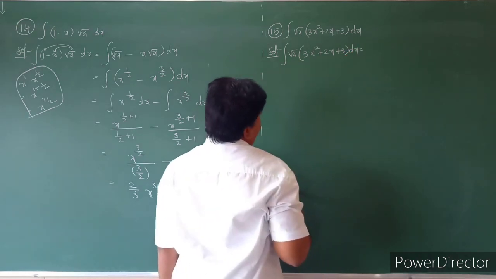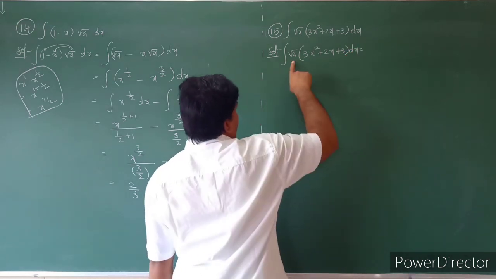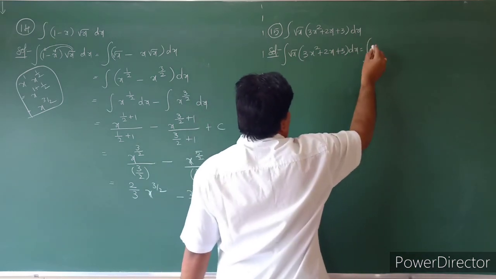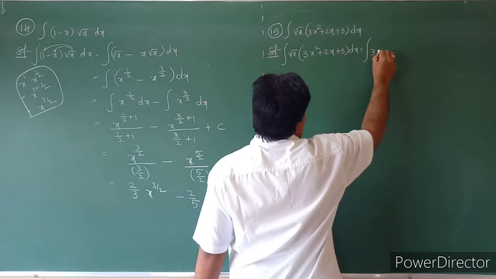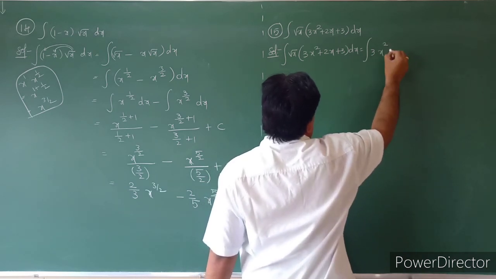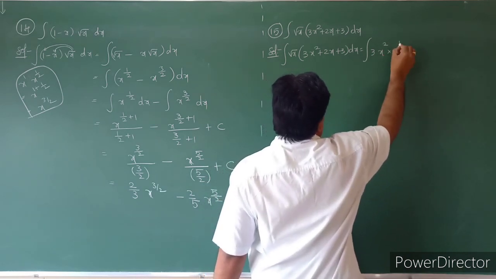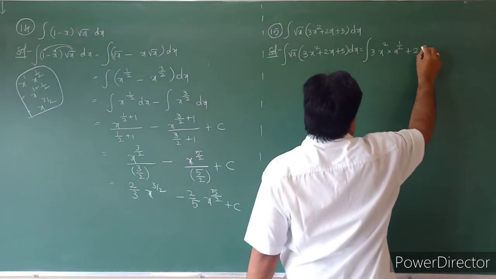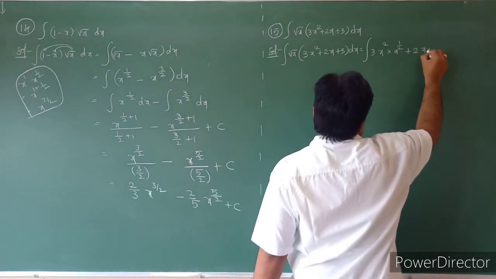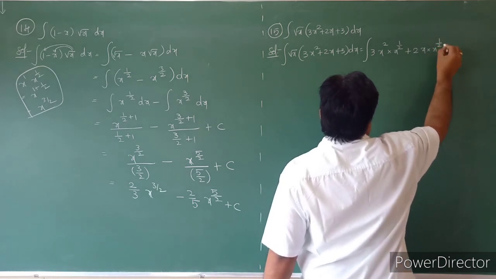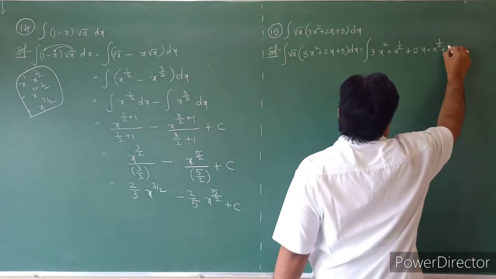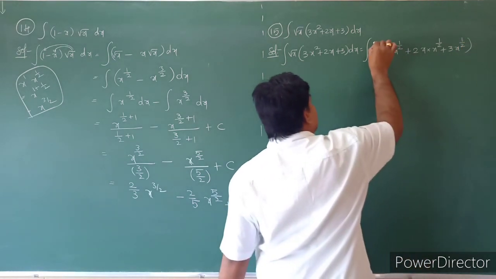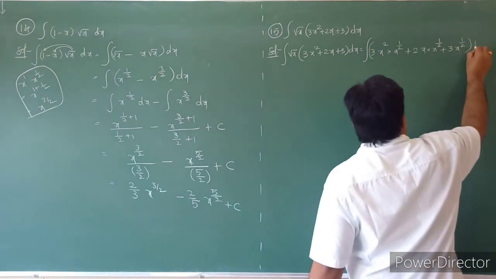That is equal to, take this root x inside. What happens? Integral of 3 into x square into x power 1 by 2, plus 2 into x power 1 by 2, plus 3 into x power 1 by 2, into dx.